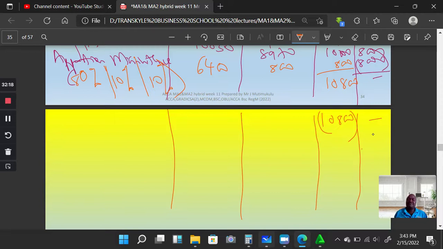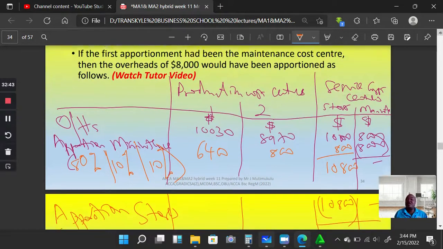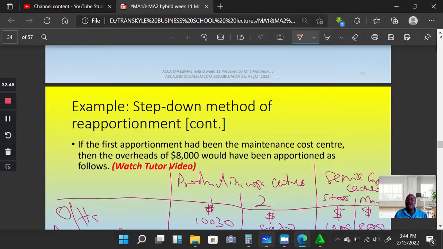Already there is now a 0, so for these guys it's now 0, 0. But we have to reapportion here, so we're going to apportion stores. Now this time it's stores, but at what percentages? We have to be led by the principle.